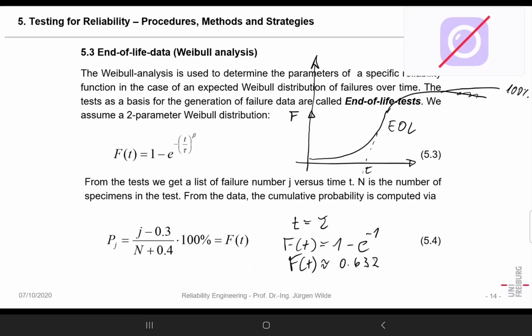Typically, also the mean time to failure, for instance, is maybe 10% lower than the characteristic lifetime you get from the Weibull analysis directly. Yes, so you can say the 50% value, 50% is against 0.63.